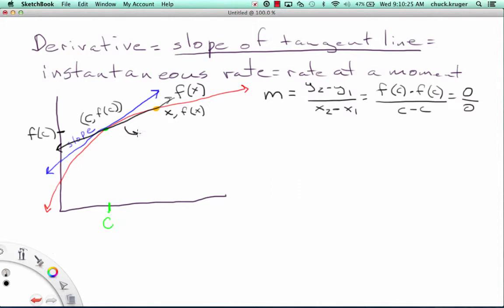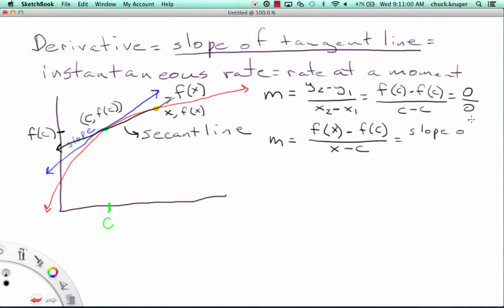This thing right here is called a secant line. And it's called a secant line because it goes through 2 points on the curve, and it has a slope. And that slope I can figure out to be f of x minus f of c over x minus c. And that is the slope of the secant line.